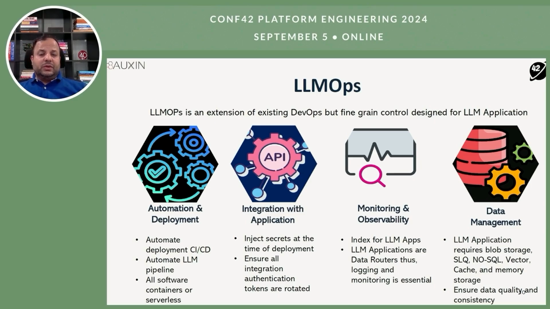Let's start with automation and deployment. The backend applications that are part of the LLM applications are no different. They are still cloud native, but the minute differences are about the configurations of the model, how to integrate the keys, and how to integrate the service accounts. All of those should be deployed and automated in a similar fashion as we do today. Integrations of secrets and tokens should be done in a similar fashion as we do today, with the caveat that, remember, a lot of the LLM applications today are metered services.